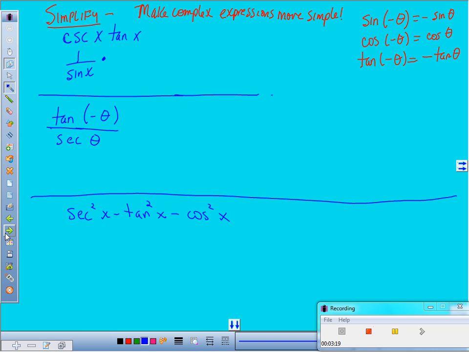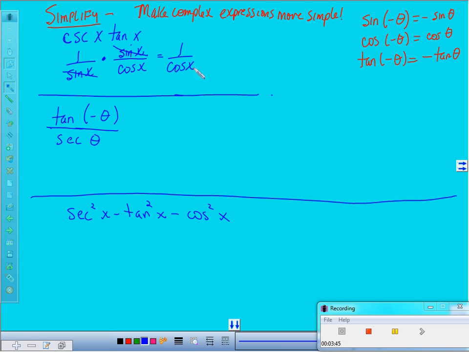Use your common sense here, and a little bit of intuition. I have a 1 over sine. If I have a tangent, I want to change it into something that's also got sines and cosines. That would be number 4. So I would change this into sine over cosine, and then do the algebra. The sines cancel. If you ask yourself what's left, you have 1 over cosine.